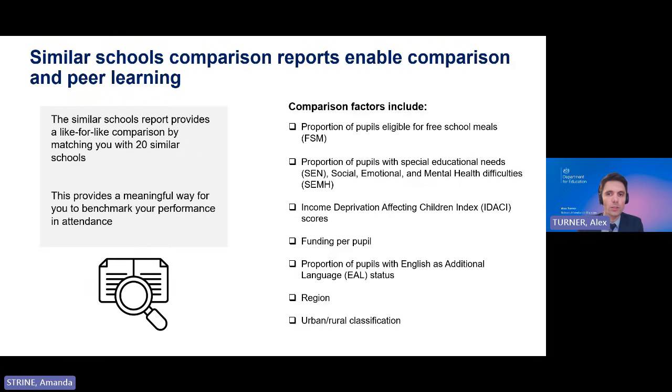These provide an intelligent alternative to judging attendance solely against the national average, which of course includes schools in very different circumstances. The Similar Schools report, and Charles Livesey will explain this in a bit more detail later, balances machine learning and expert judgment to identify those schools that we compare you to. And we'll talk a bit about that later on.